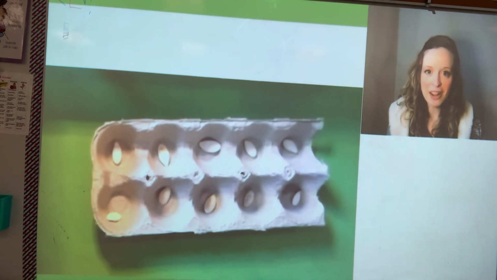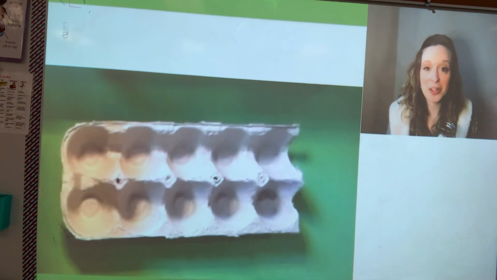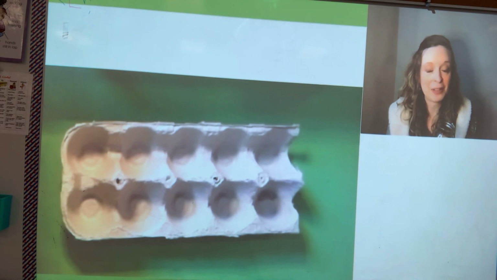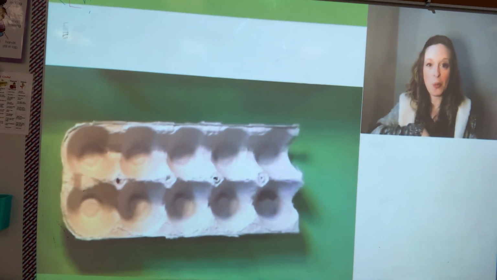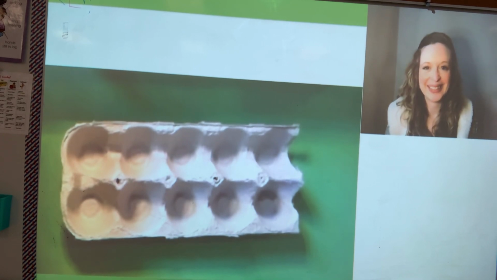Let's use the egg carton to help us count pennies. You did such a great job of counting with me last time. I would like you to just count the pennies on your own. Focus. When I put the penny down, say the number. All right. Ready? Go.